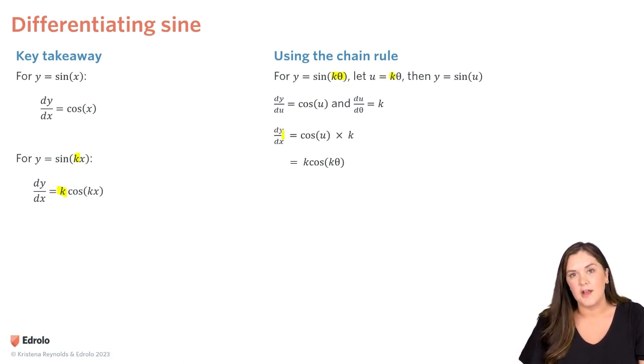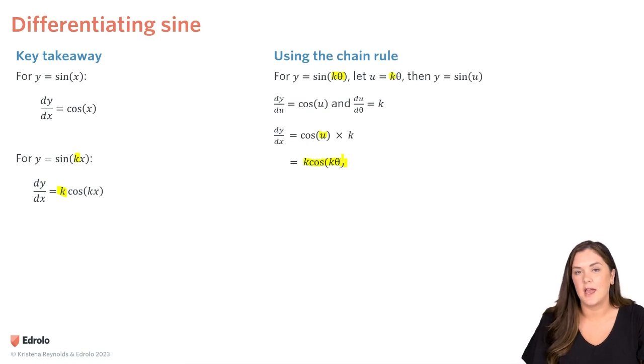And then finding the derivative of y, we have dy dx equals the product of those two derivatives. So we have cos of u times k, and then we're just substituting what u was back into cos. So we have cos of k theta times k. So that is our answer there, k cos k theta.